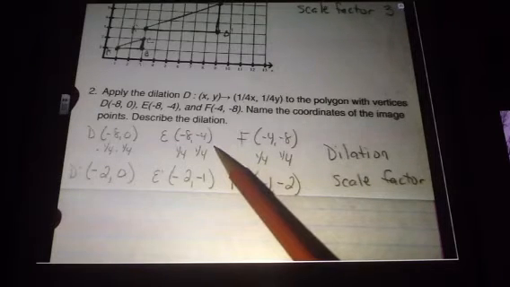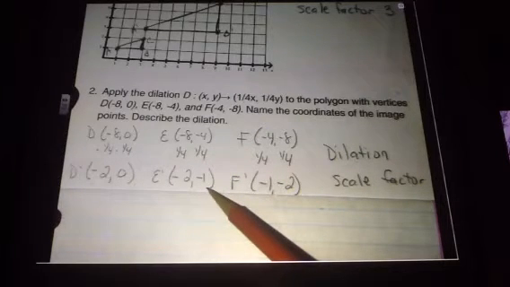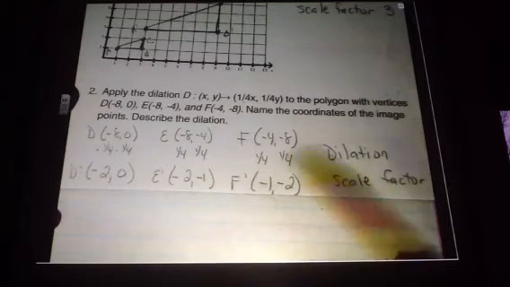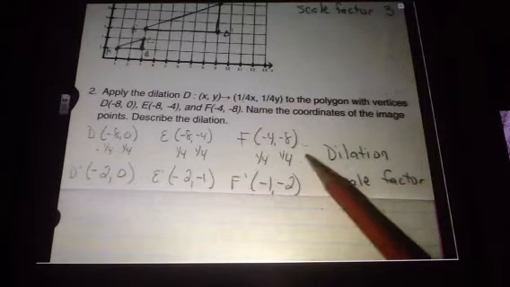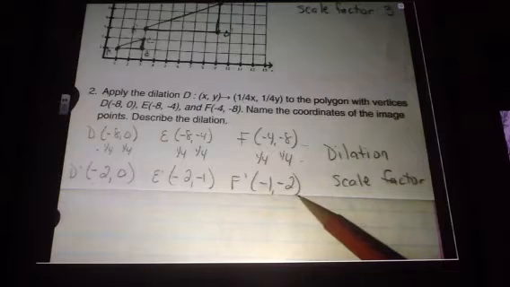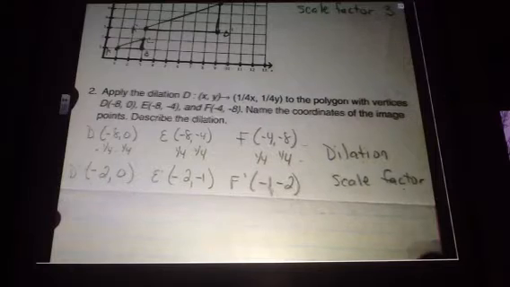Take your next point, E, -8, 4, apply the dilation, E prime, -2, -1. Last point, F, -4, -8, apply the dilation, F prime, -1, -2. This is a dilation with a scale factor of 1/4.